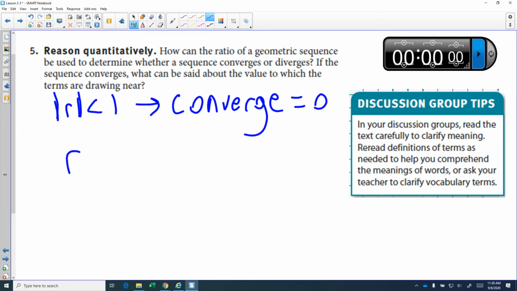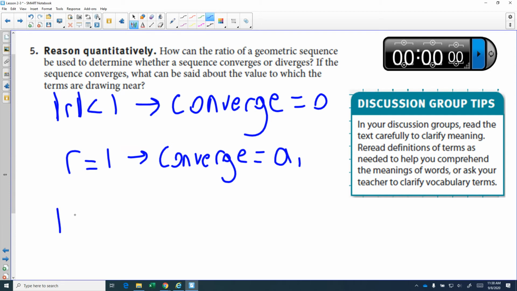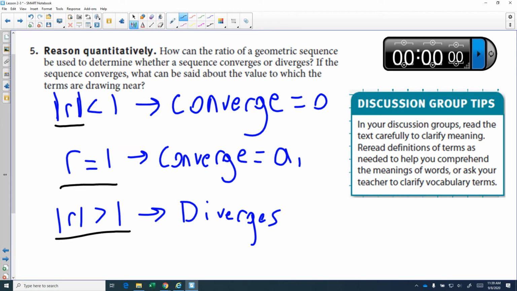If I have a ratio equal to 1, this is also going to be a convergent statement. We don't really see this one too often, but it's going to converge to your first term. And then last but not least, if I have a ratio greater than 1, this is when it actually diverges. And if something diverges, there's no particular point that it works to. Okay? So notice how I can pretty much determine whether something's going to converge or diverge based on what the ratio is equal to.